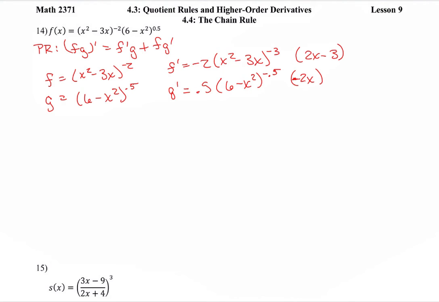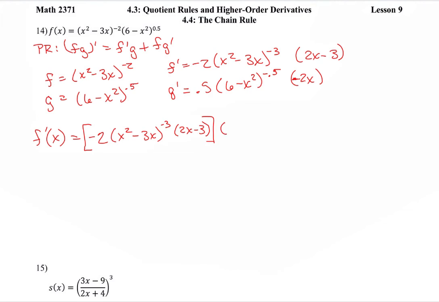Okay? And so now we put it all together. I'm just looking over it, making sure I haven't missed something. So f prime of x is going to equal, now I like to put big brackets around each derivative so that I know what I'm doing, minus 2 times x squared minus 3x to the negative 3 times 2x minus 3.